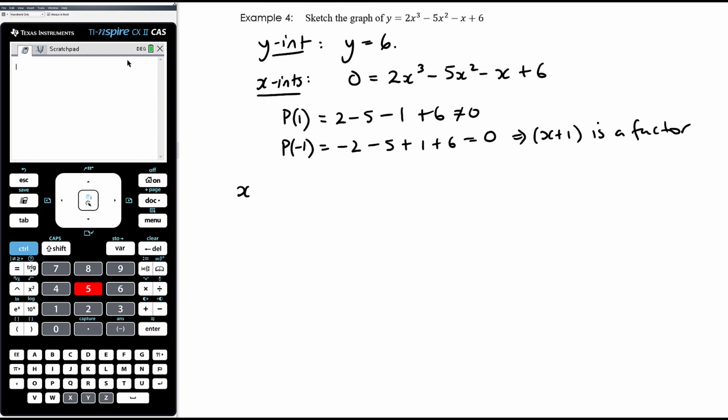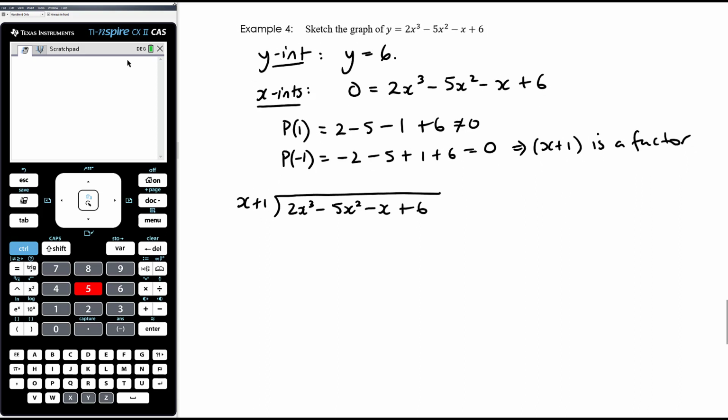So let's divide x plus 1 into 2x cubed minus 5x squared minus x plus 6. Okay, again, go back to a previous video if you want to see me go through the long division more slowly. But what do we need to multiply x by to get 2x cubed? It'll be 2x squared, multiplying 2x squared by x plus 1, and then subtracting and bringing down our next term.